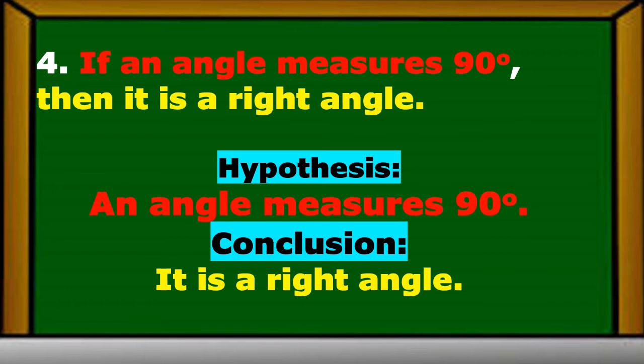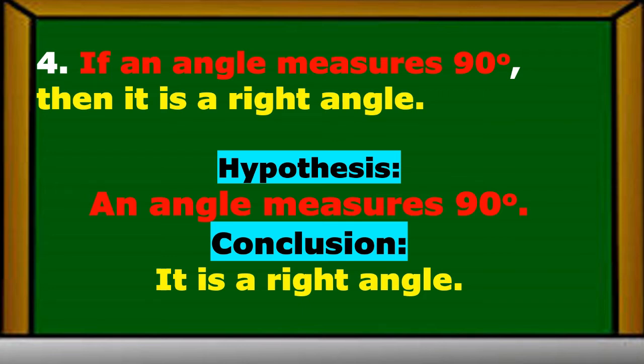How about its conclusion? If its hypothesis is an angle measures 90 degrees, then its conclusion is, it is a right angle.